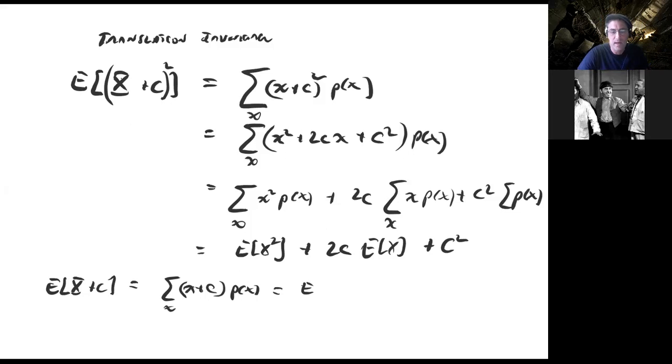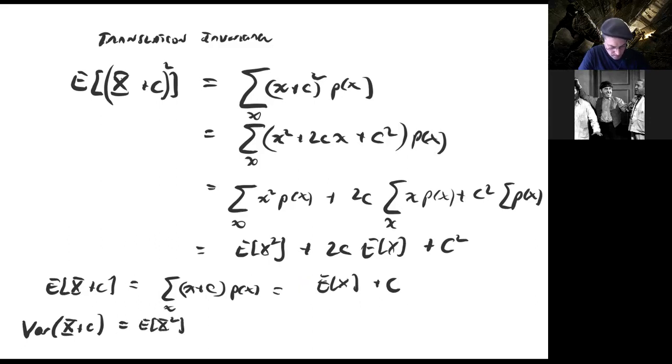Anyway, I'm in the middle of this calculation, and this breaks up as a sum, giving the expected value of x plus c. So if we want to calculate the variance of x plus c, we have to subtract what we previously calculated, which is E of x squared plus 2c times E of x plus c squared.